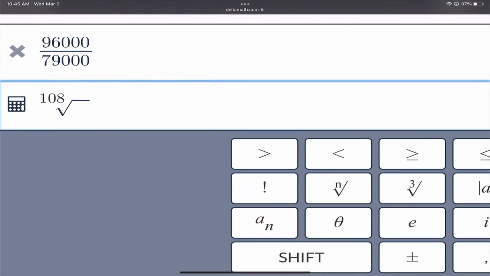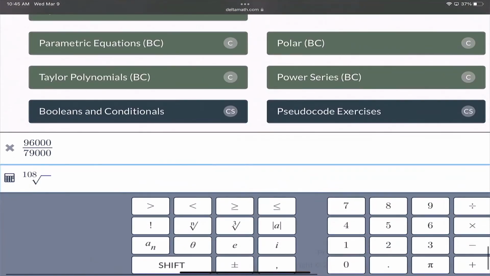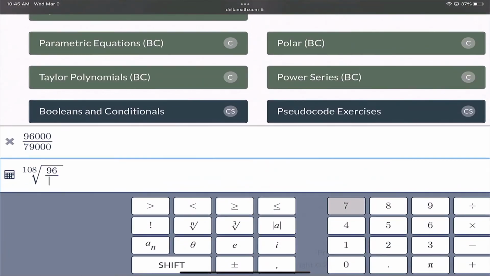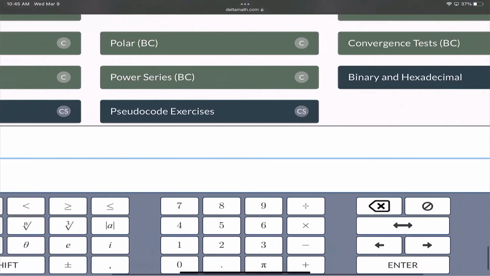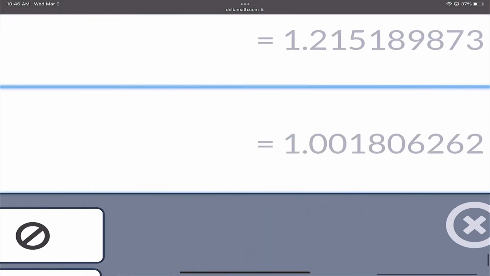Then on the inside, I'm going to do my fraction. My fraction was 96 divided by 79. That's the number I want to write. 1.0018066262. I don't want to have to write the whole thing, so I'm just going to go 4 decimal places.